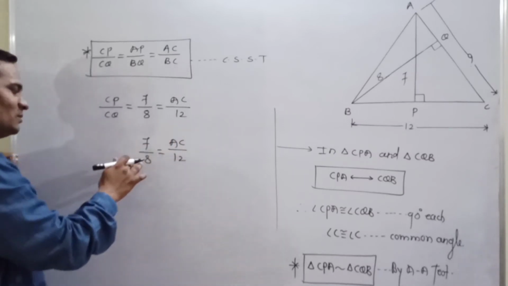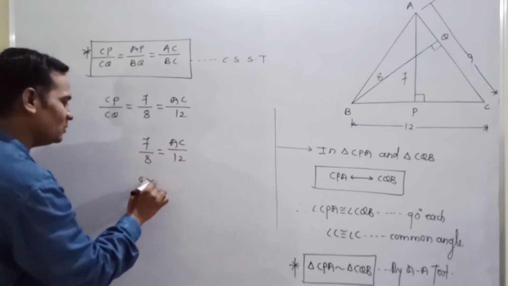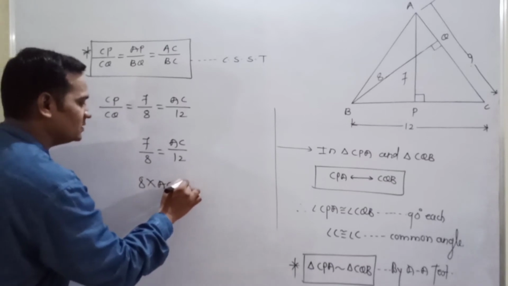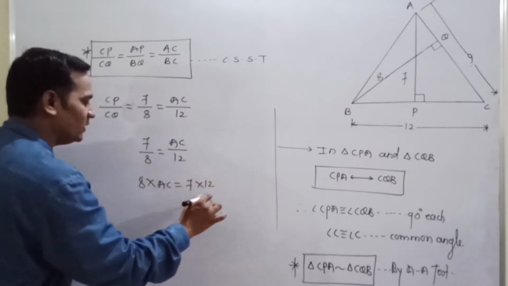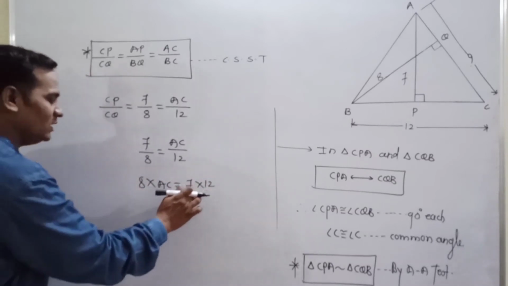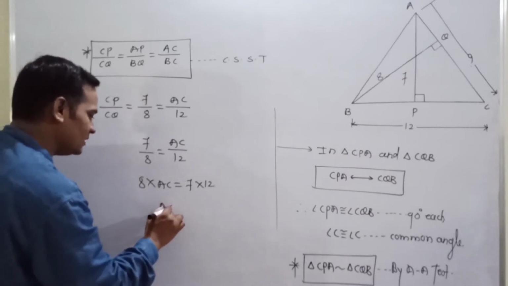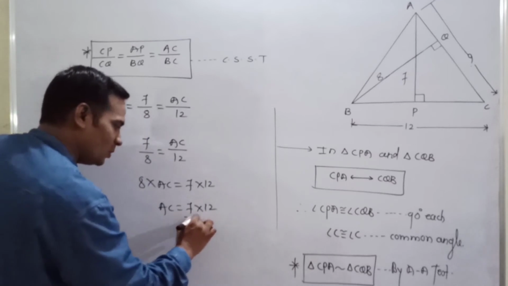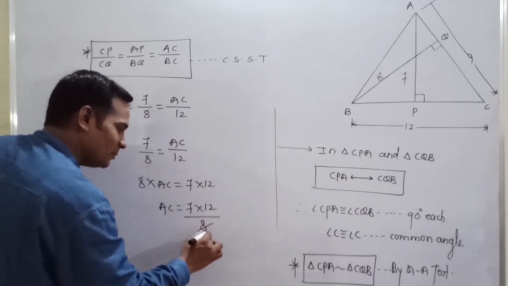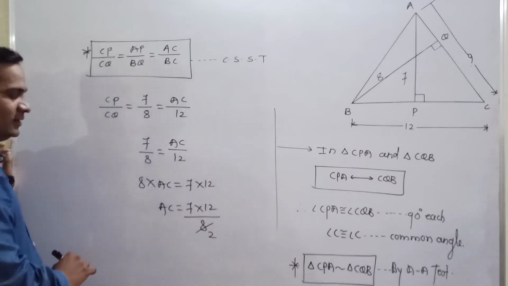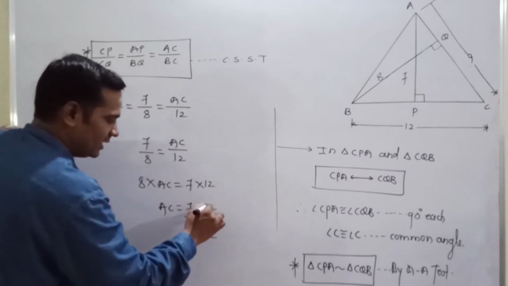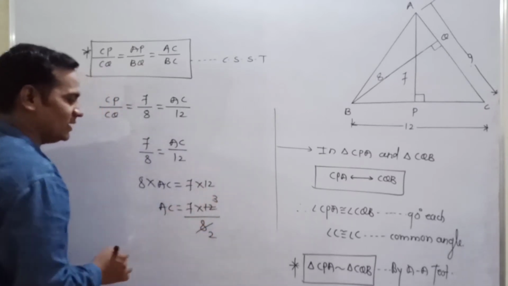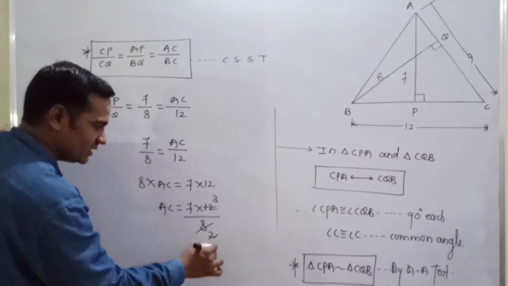By cross multiplication, 8 into AC is equal to 7 into 12. Now transfer this 8 to the RHS. So AC is equal to 7 into 12 upon 8. 4 ones are 4, 4 twos are 8, and 4 threes are 12. So again, 2 ones are 2.